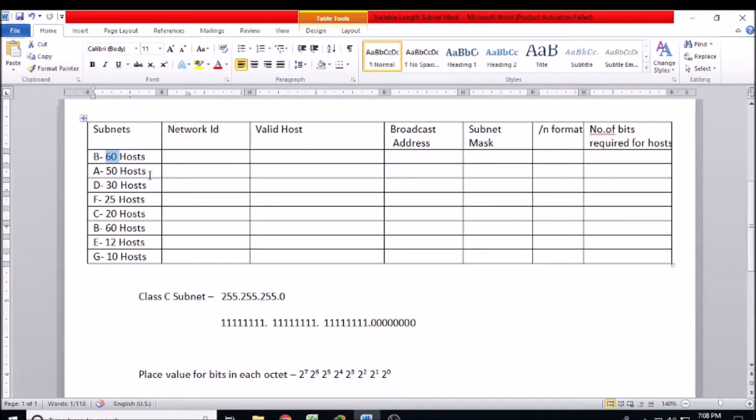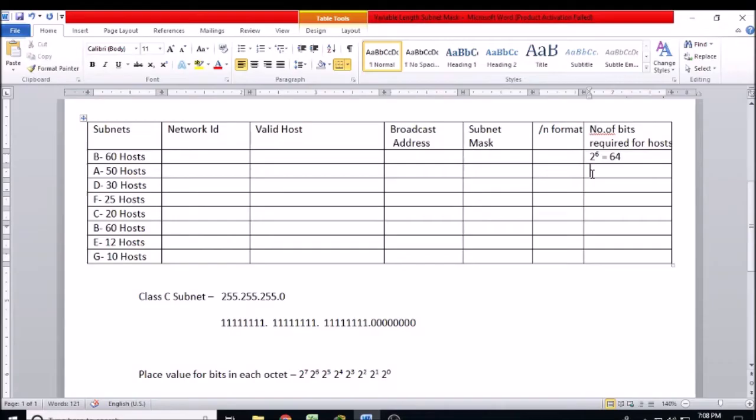Now we have to find the powers of 2. 2 power 5 is 32, and then 2 power 6 is going to be 64, right? So 2 power 6 is equal to 64. This power value will give you the number of bits. So the number of bits required for host is going to be 6.